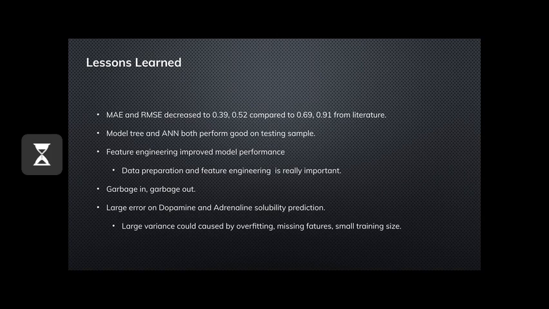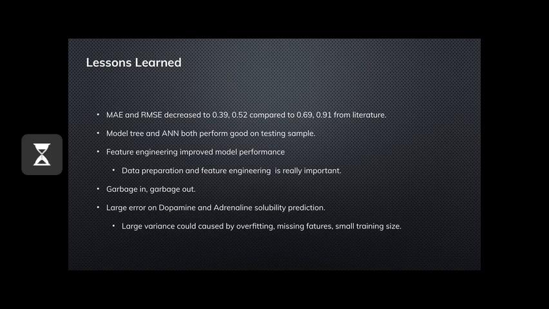The fourth thing to always keep in mind is the garbage in, garbage out rule. There is a lot of data out there online. Why I want to mention this is because all the data I used for solubility is theoretical data instead of experimental data.